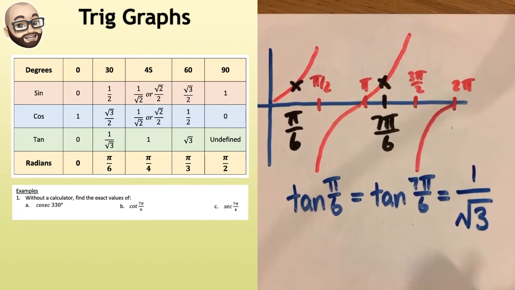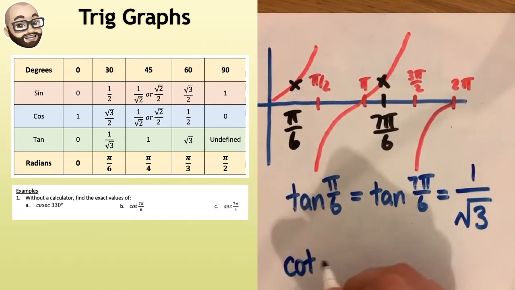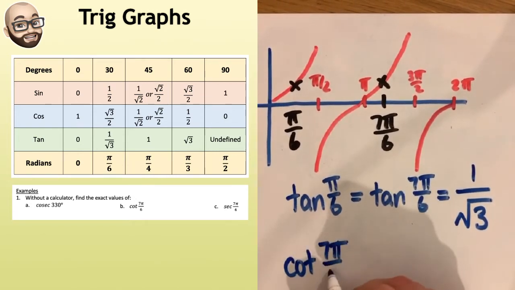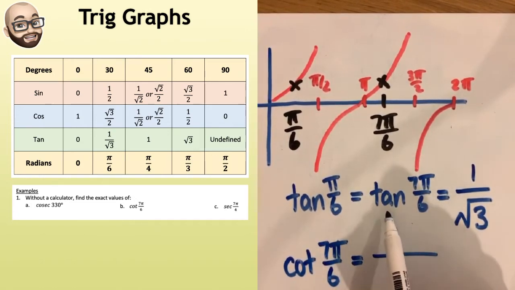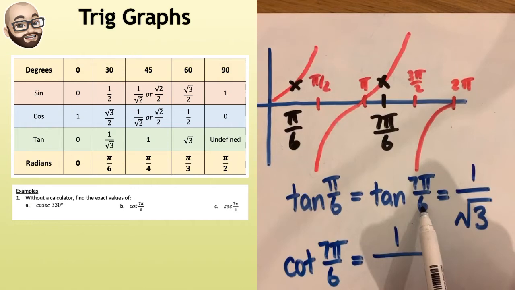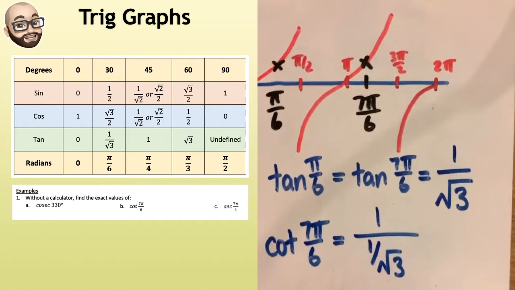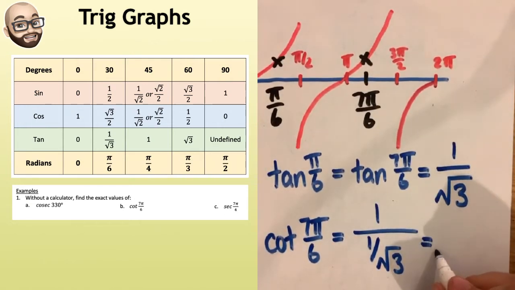So now if I want cot of 7 pi over 6, it's going to be 1 over the tan of 7 pi over 6. So it's 1 over 1 over root 3, which is just going to be root 3.